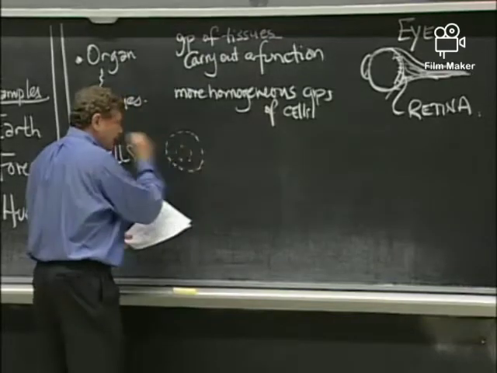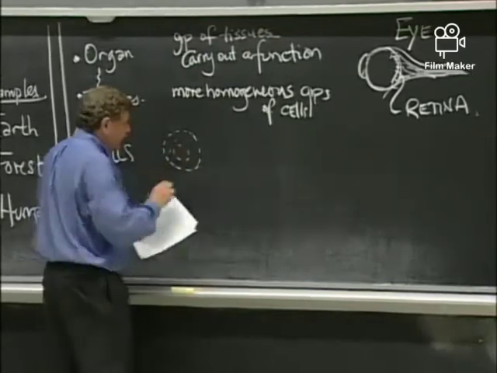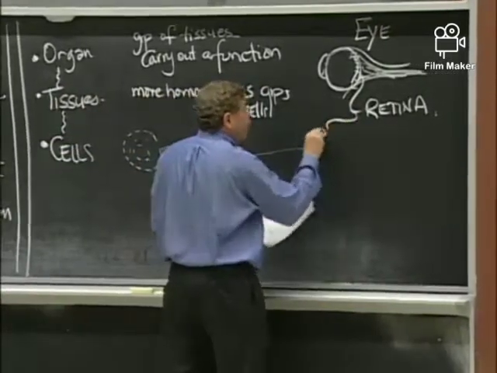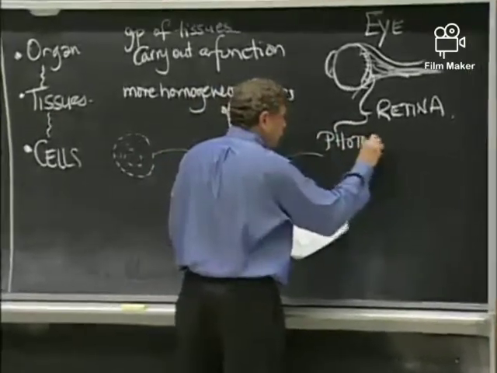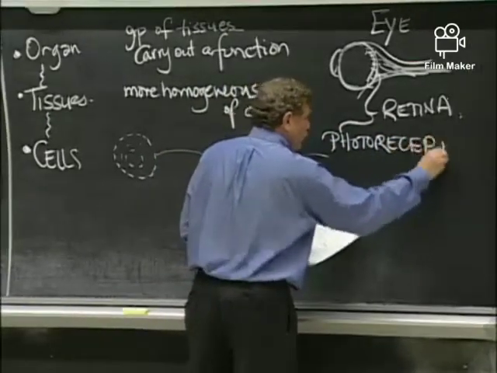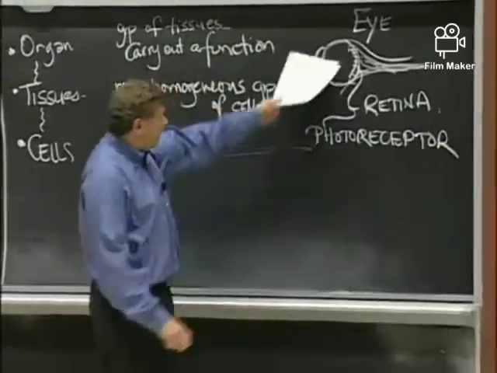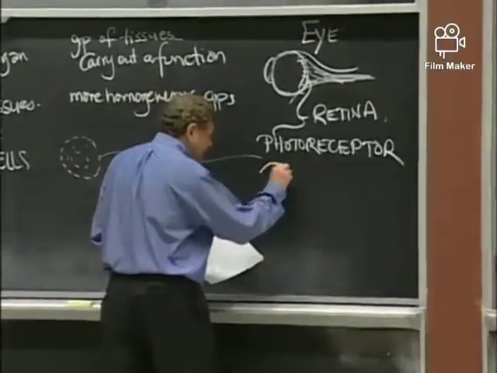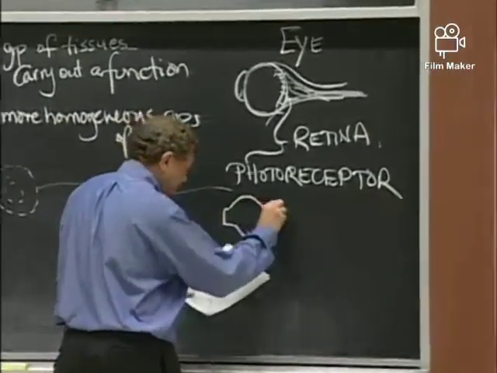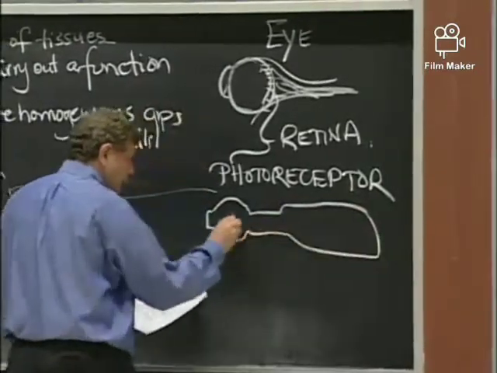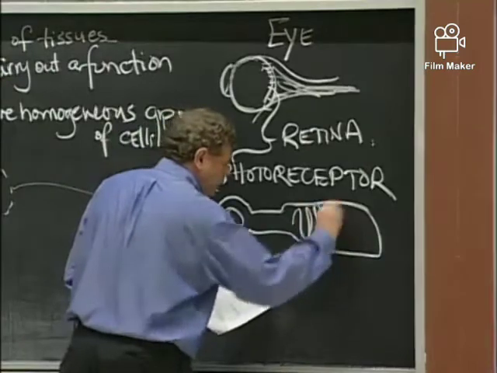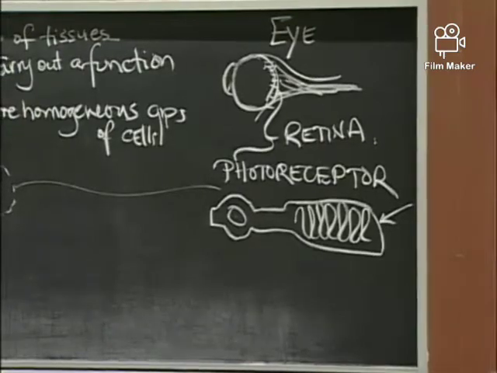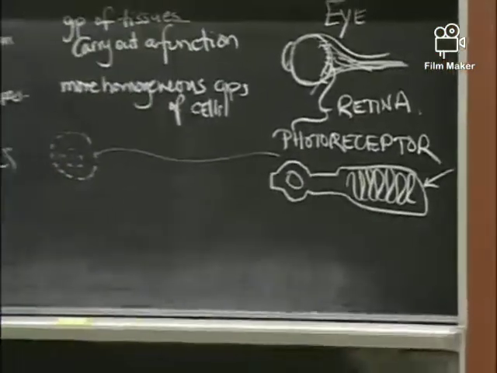They have nuclei, at least in eukaryotes. So let's say within the retina we could pick a photoreceptor cell. So the MIT student is walking through the forest, and with her eye is getting light on the retina, which is triggering photoreceptor cells. They each have a distinctive shape. And that shape, there's our nucleus. Here we go. The light comes and impinges there, sends a signal out the other end. Okay, that's a cell.